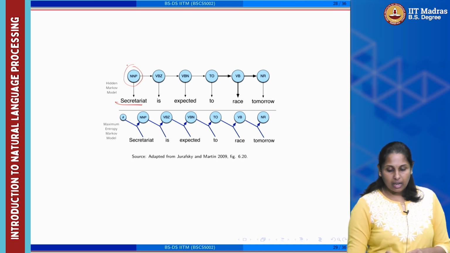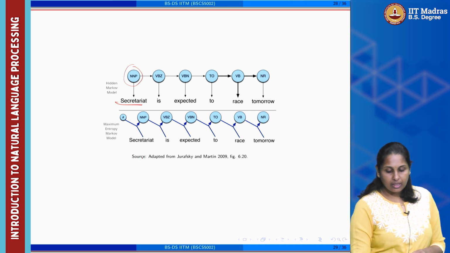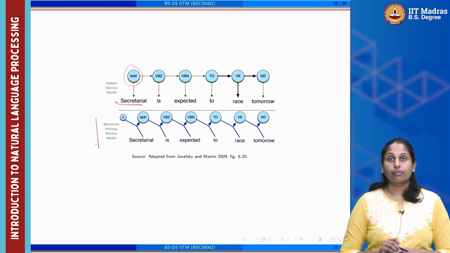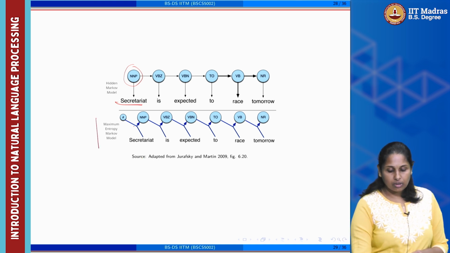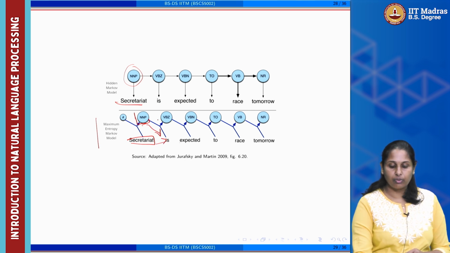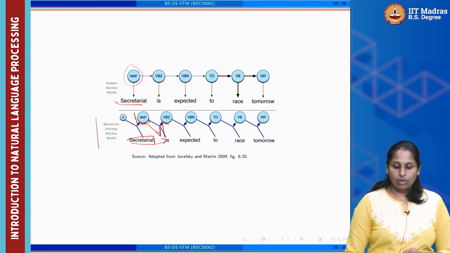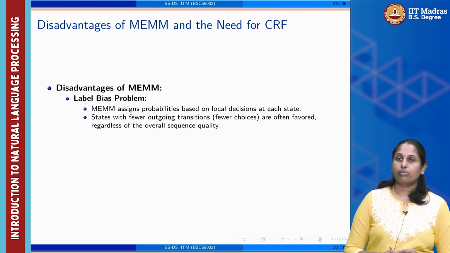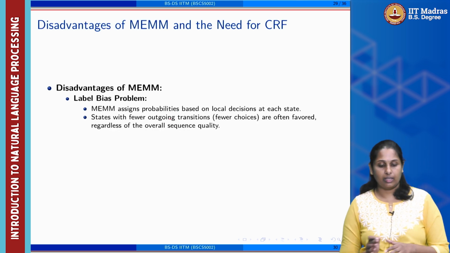But on the other hand, as we could see here in the maximum entropy model, there is no hiding situation here. It actually identifies the tags, it identifies that word and the relation between each one of them, as well as the relation between the tag and the tag. So, this is the big difference between MEMM and the other model.